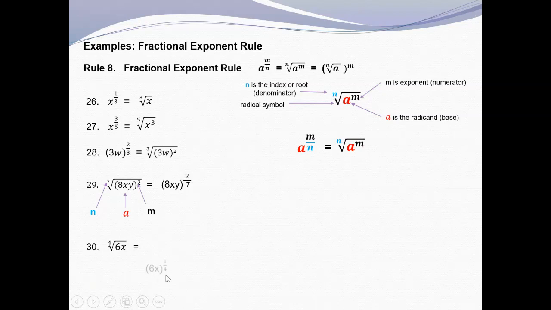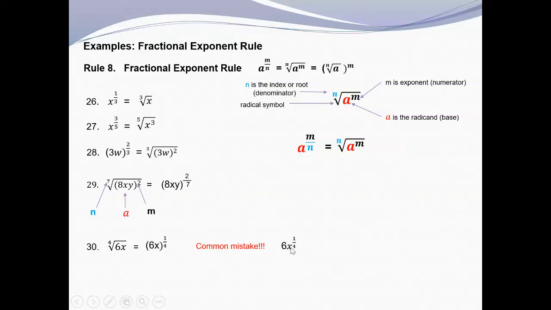How about this one here? The 6x is going to be like the a, because if there's no power, it's to the first power, which will be your numerator, and the n just becomes your denominator. Here's a common mistake that students make. They say that this is equivalent to 6x to the 1/4 power.